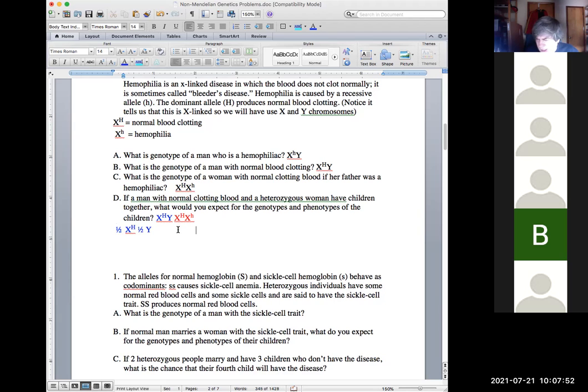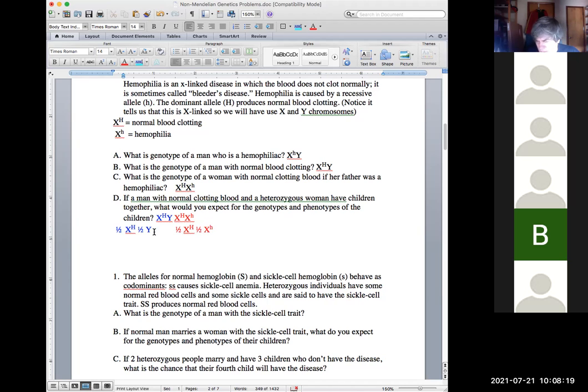Now, what type of eggs can the female make? Well, for our female, half of her eggs carry the capital H, and half of her eggs carry the little h.